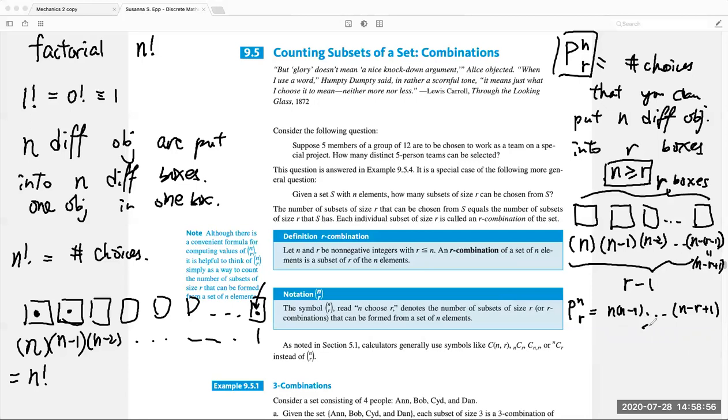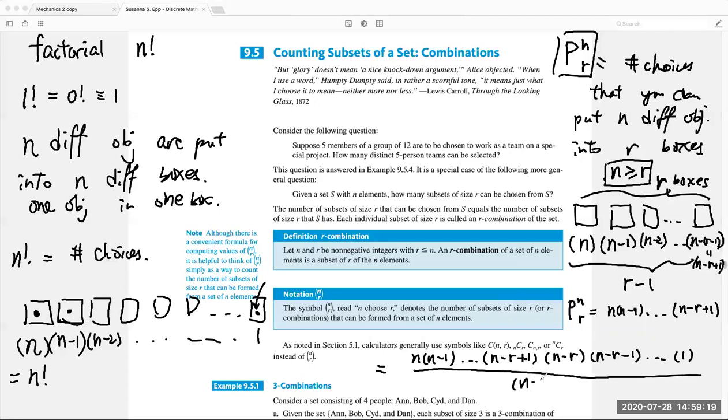So you know how to derive this one. So let me simplify it more. Then you can multiply n minus r minus 1 and up to 1, and then divide by the terms that you multiply.